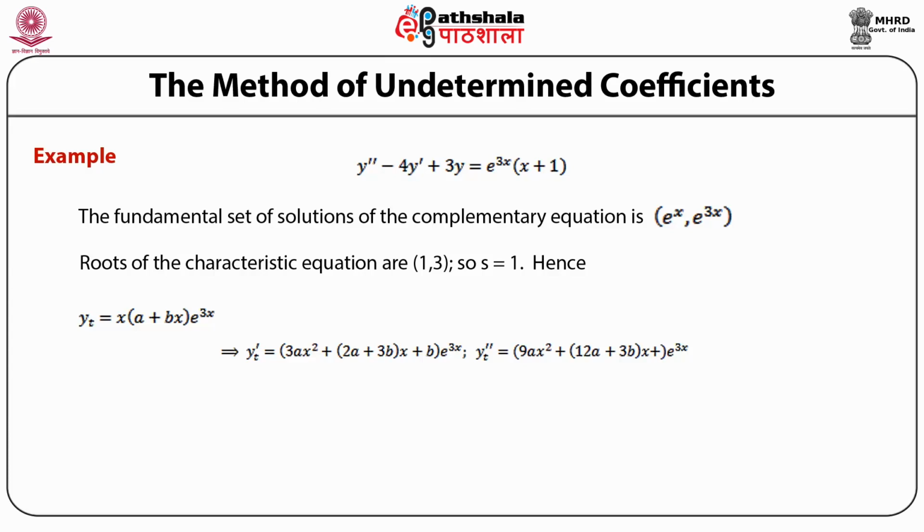Similarly, the second order derivative of yt is obtained as e raised to power 3x multiplied by (9ax square plus (12a plus 3b) times x plus 1).